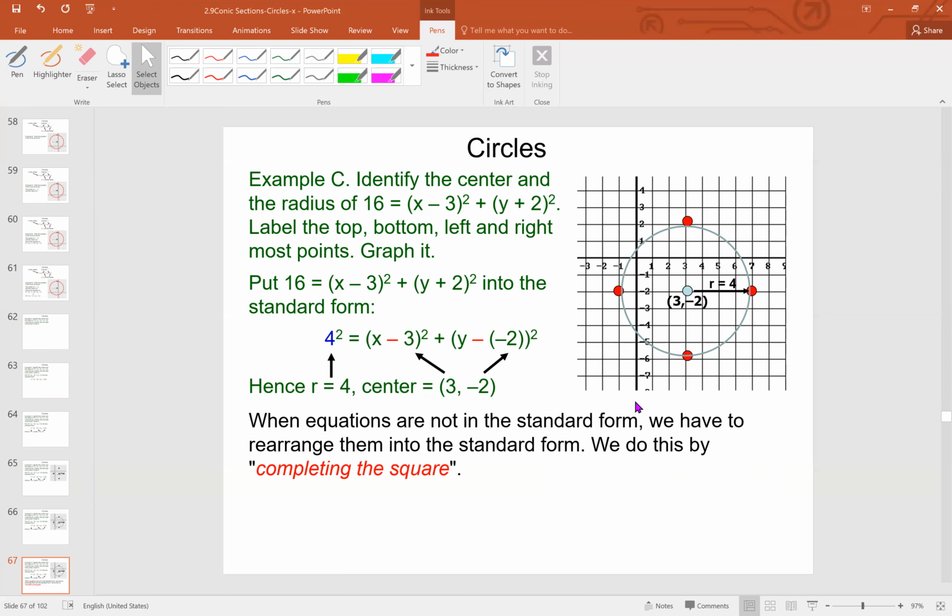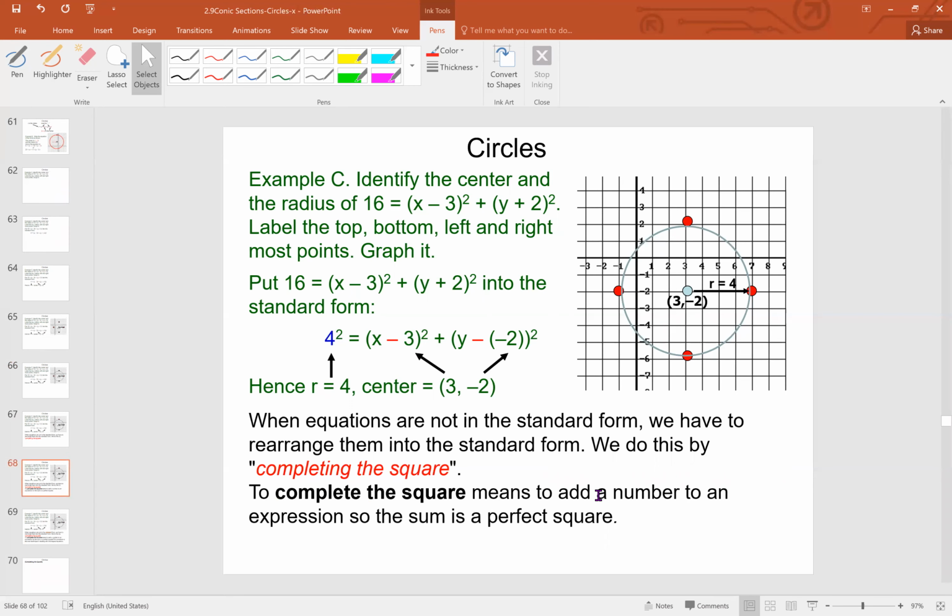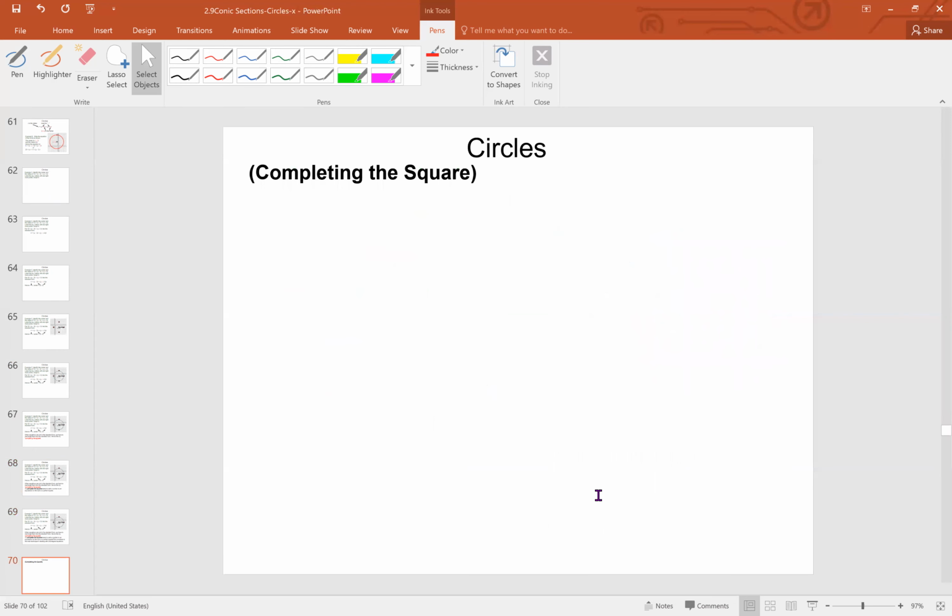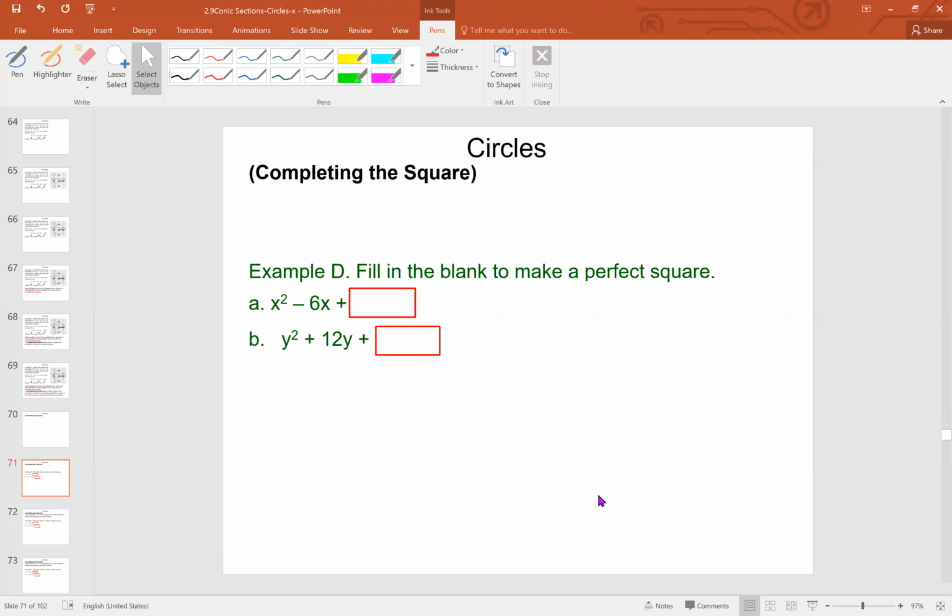And now what happens if I have a general equation that's not in the standard form? This is where the algebra comes in. Any second degree equation can go through a trick called completing the square, which puts it into a square form, which is somehow related to distance. Here's how it goes. Let's say we have x squared minus 6x, and I want to put in the box a number to make this a square.